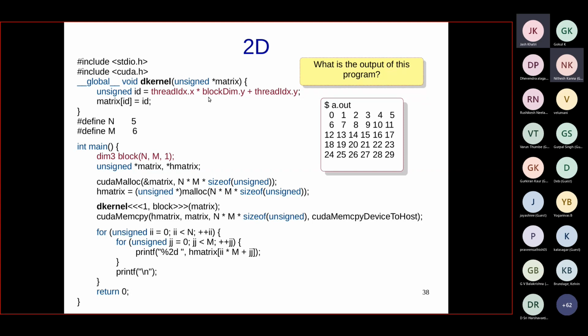When you say block dim.y, what it does is, for the current block, the block that is being considered here, it will see what is the dimension of that particular block in the y dimension, in the y axis. Think of it like that. So here in this case we have just one block, and for that block its size in the y dimension is 6. So block dim.y will give 6.